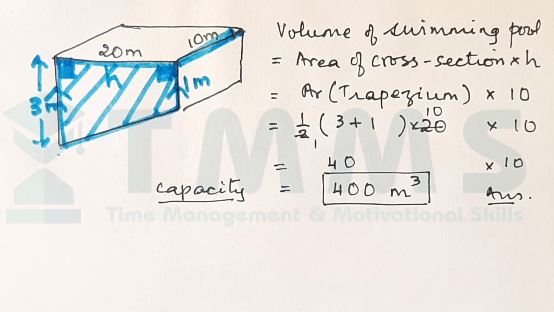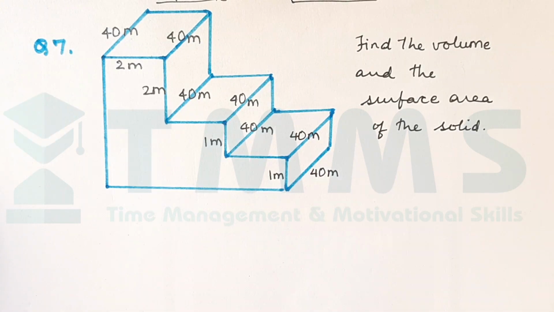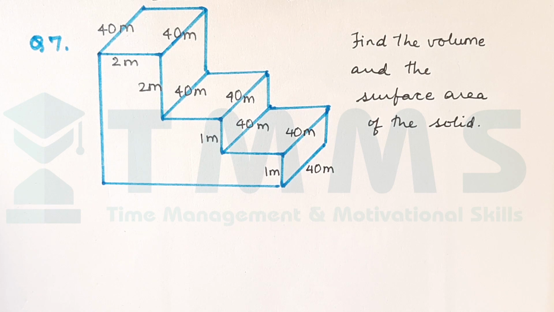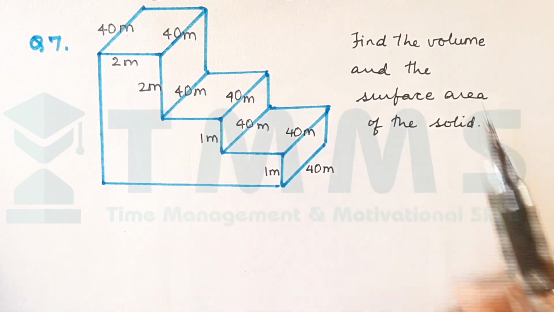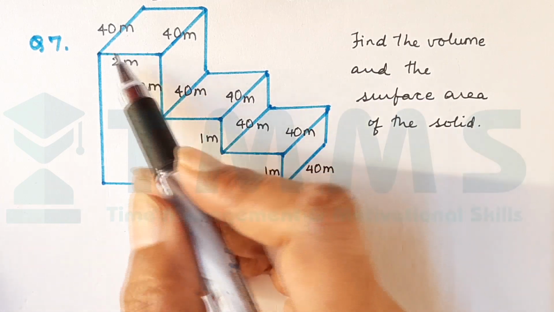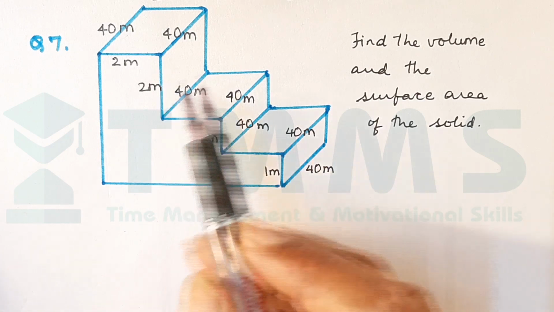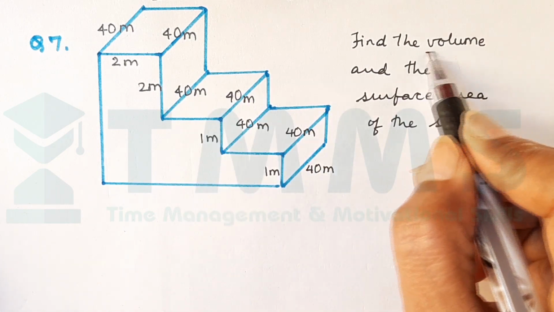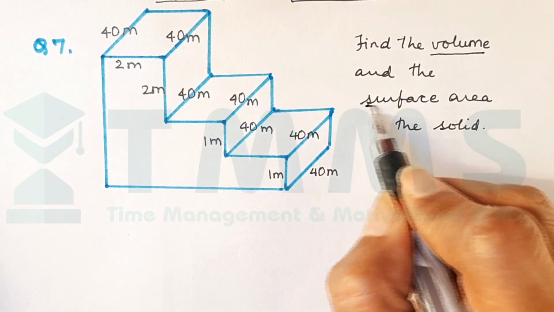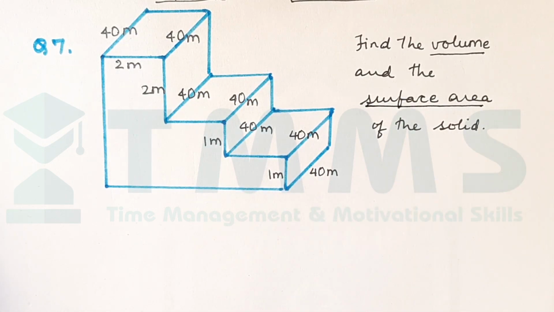Okay. So let's see another type of question. Another type of question in mensuration for three-dimensional figures is this particular diagram. A whole lot of children get confused for this. Now this is looking like steps and they are asking us to find the volume and the surface area of the solid.